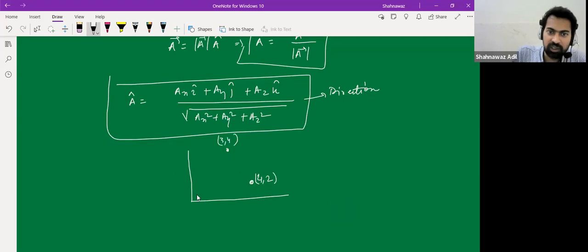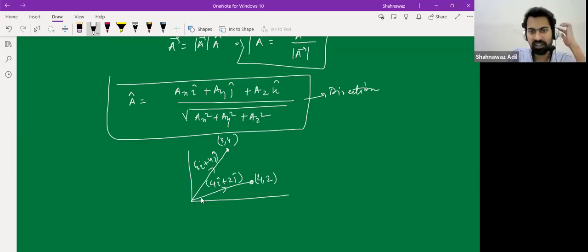So what would be the position of this vector? This is 3i plus 4j, right? And this vector is 4i plus 2j, right? So these are the two vectors.